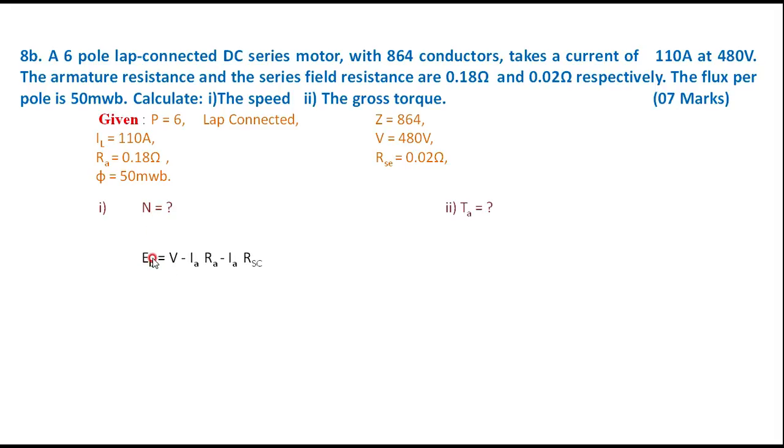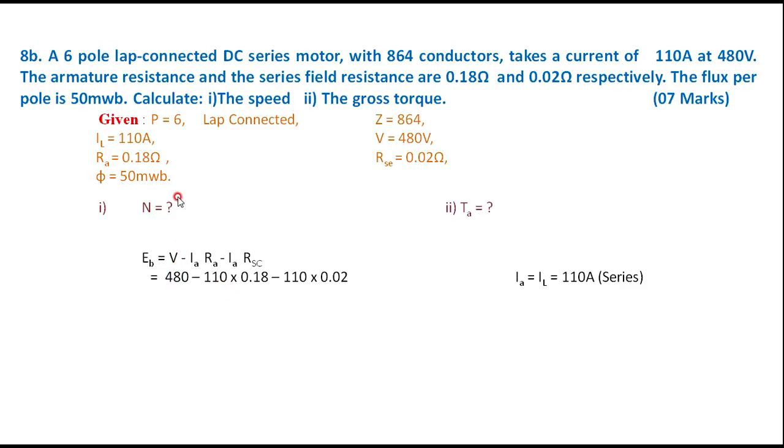In the case of the series motor, the back EMF is equal to the applied voltage V minus IA RA minus IA R series. That is another drop you have to add here, that is the series resistance drop, IA into R series. Therefore, the back EMF EB is not just V minus IA RA. In the case of a series motor, it is V minus IA RA minus I series R series.